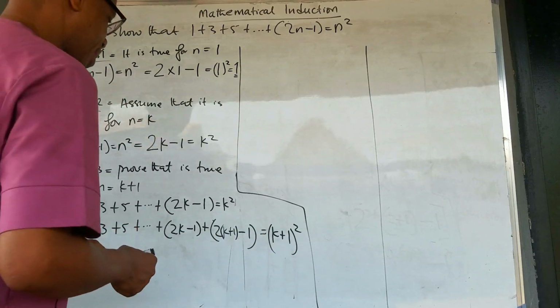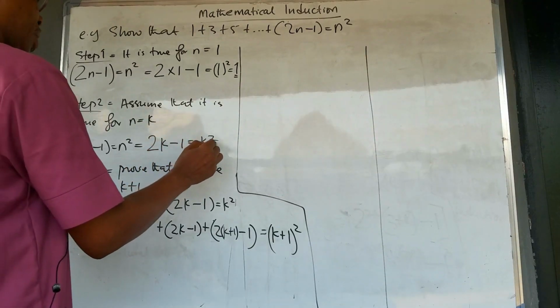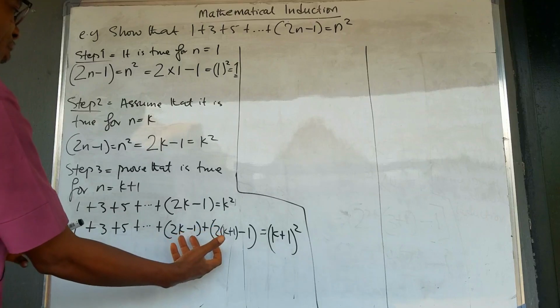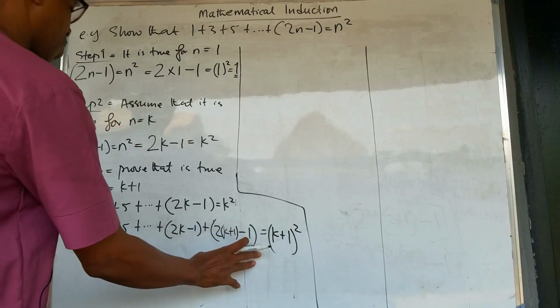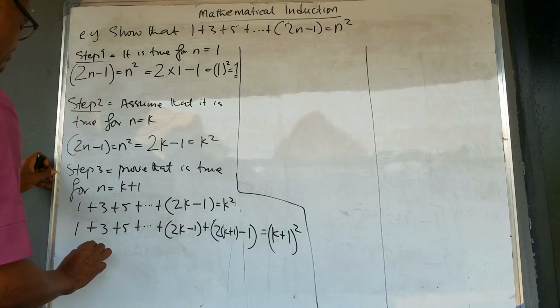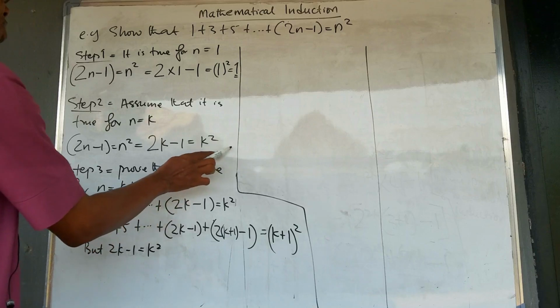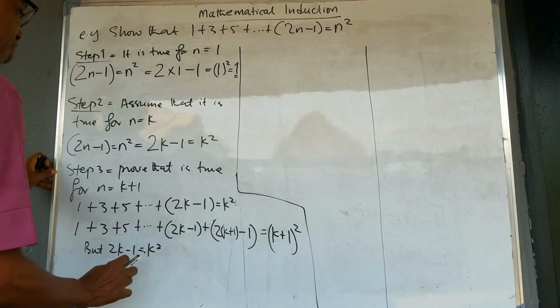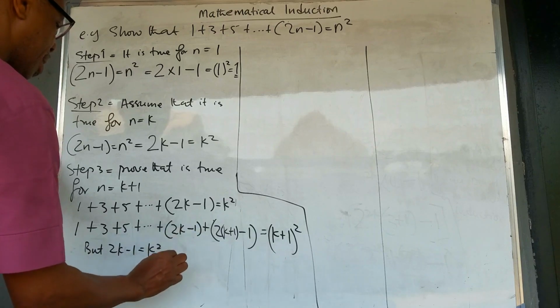So with this, you also notice that 2k minus 1 is actually equal to k squared. So from this equation here, I can take only 2k minus 1 to mean, let me show you what I mean, 2k minus 1 is equal to k squared here, okay? So that means this one will now become k squared, right?